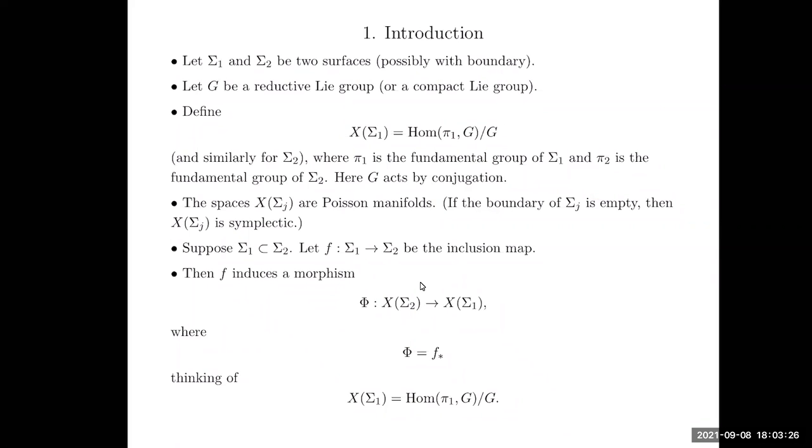This was known to Goldman, and Atiyah-Bott's paper on the Yang-Mills equations on Riemann surfaces is where they constructed the symplectic structure in the case where the boundaries are empty.